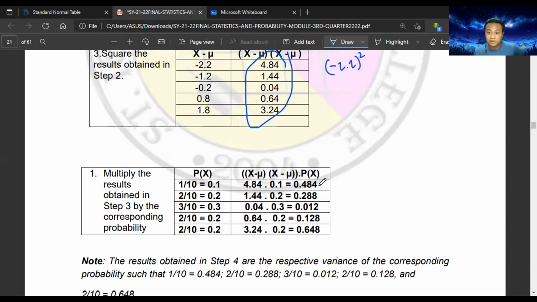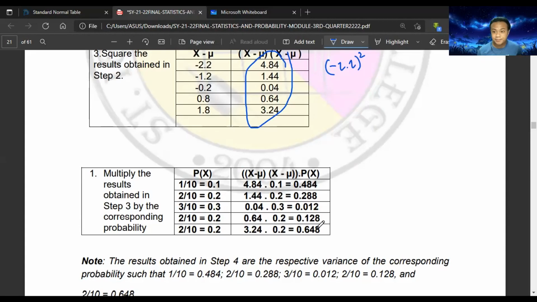So 0.484. 1.44 times 0.2 is 0.288. 0.04 times 0.3 is 0.012. 0.64 times 0.2 is 0.128, and then 3.24 times 0.2 is 0.648.